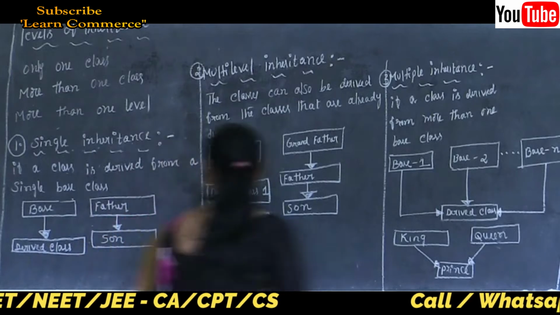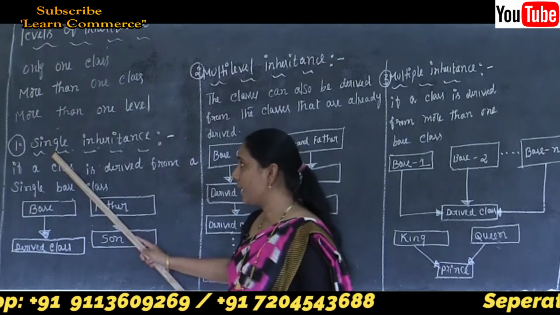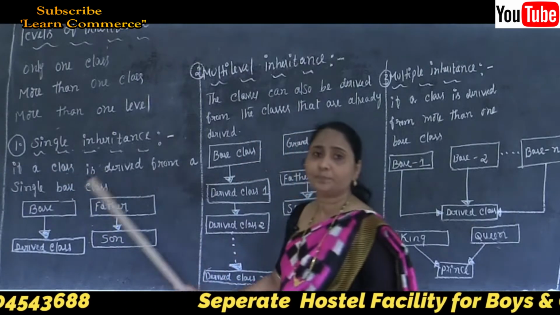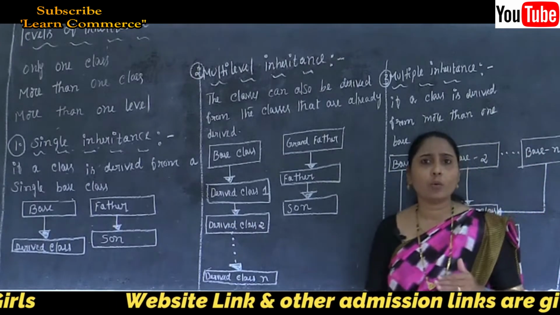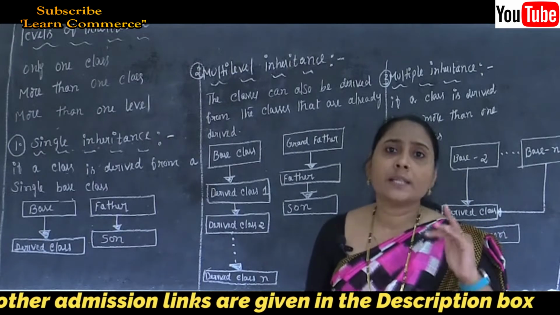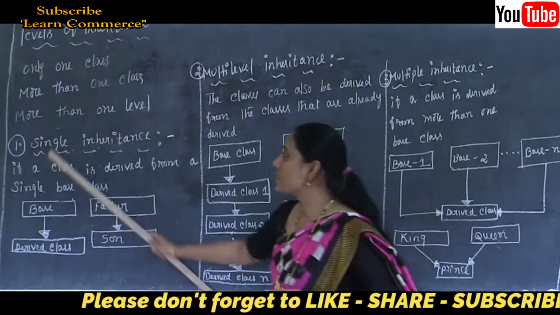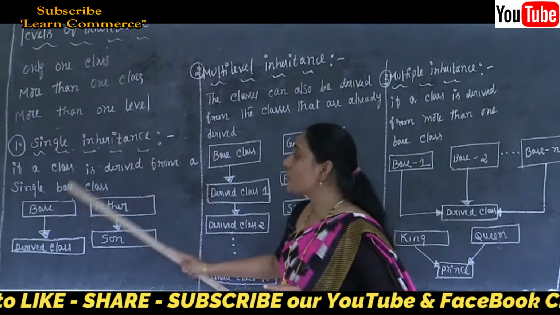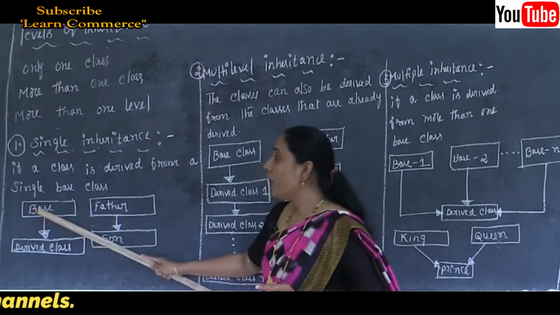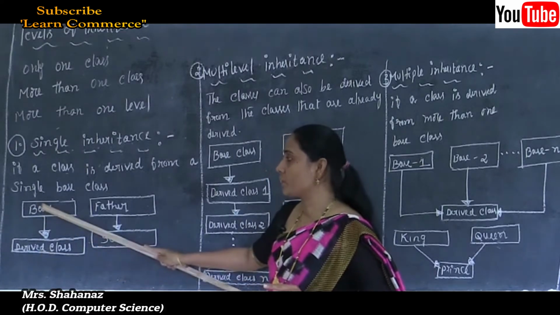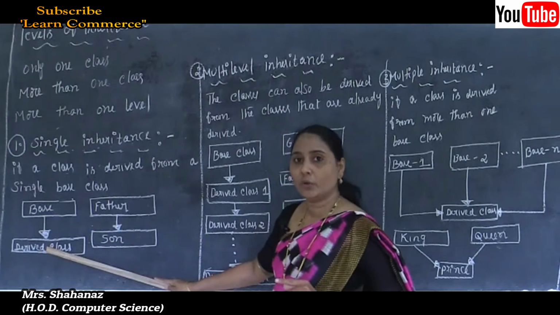Now let's see the meaning of single inheritance. If a class is derived from a single base class, that is, when you construct one new class using just one single base class, such a class is called single inheritance. Clear? So this is the example of single inheritance: the base class and the derived class. One base class is there, and using that one single base class we construct the new derived class.